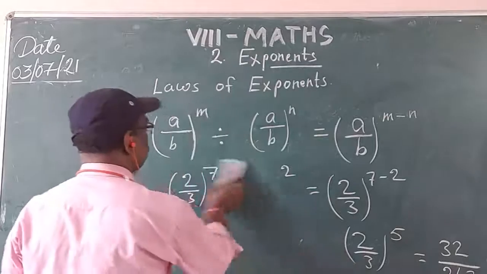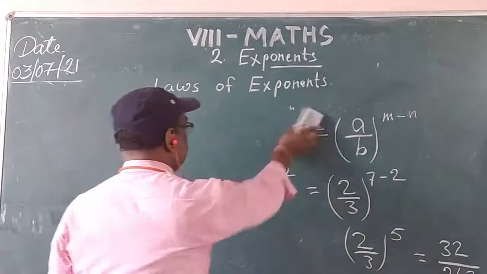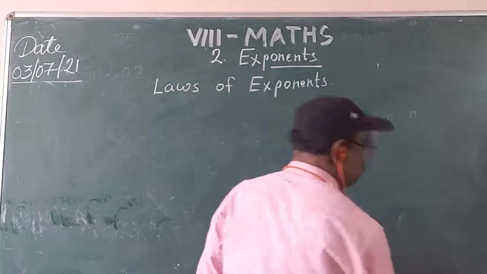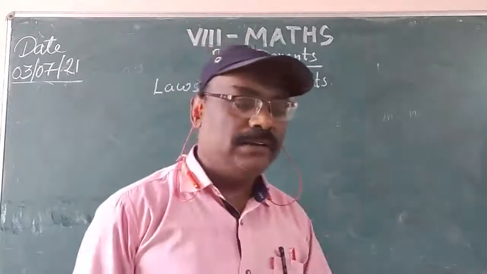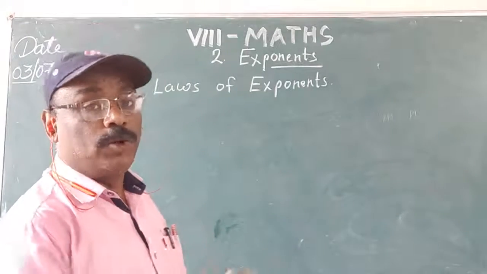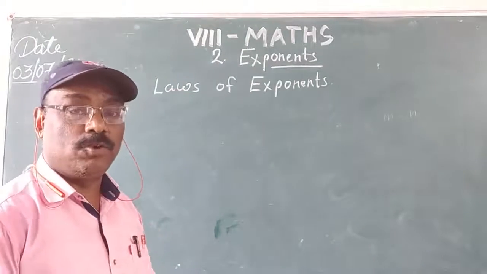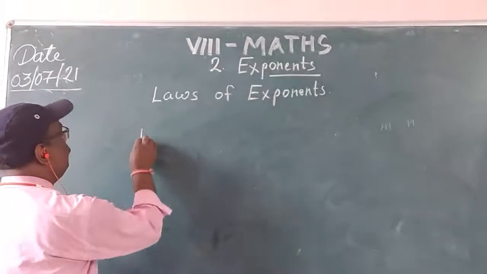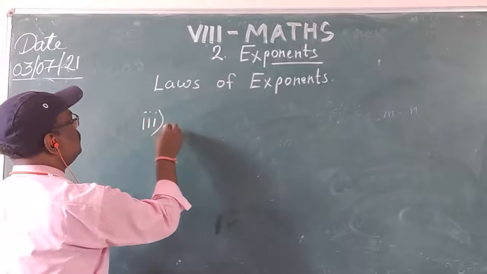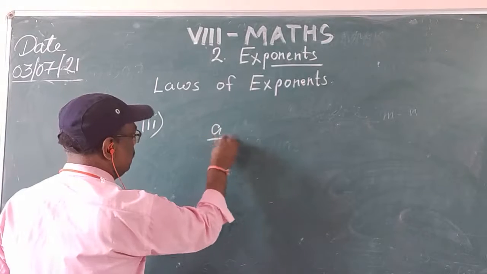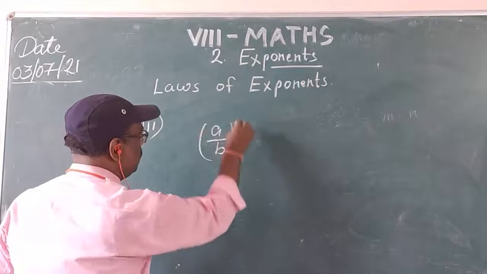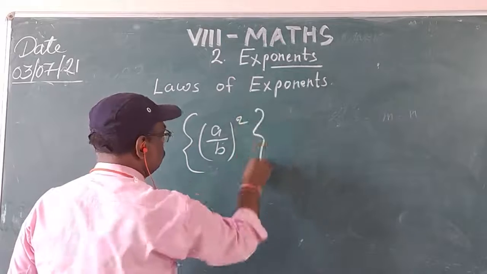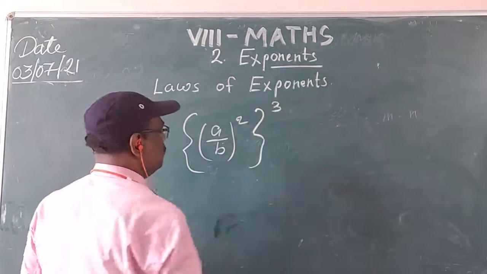Then the third one. The third law: suppose you are given a small bracket and after that another bracket, and on the small bracket there is a power, and on the flat bracket also there is a power. Suppose I have written (a/b) in the small bracket with power 2, and then a flat bracket with power 3.